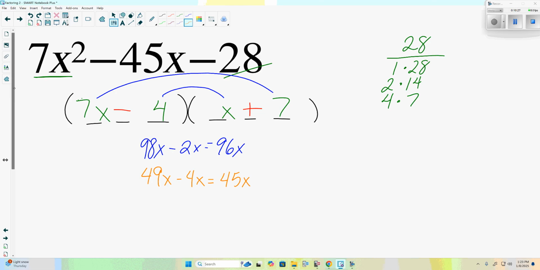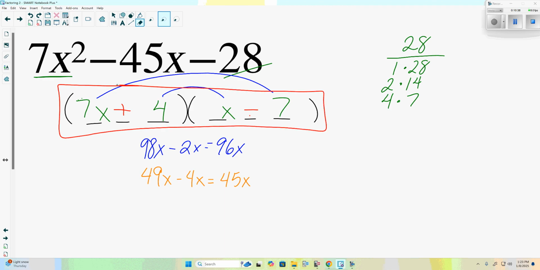So to fix the sign, we do what? Switch the signs. Telling us that the correct factors are 7x plus 4 times x minus 7. Because if we ever get the correct number for the middle term but the wrong sign, flip the signs.